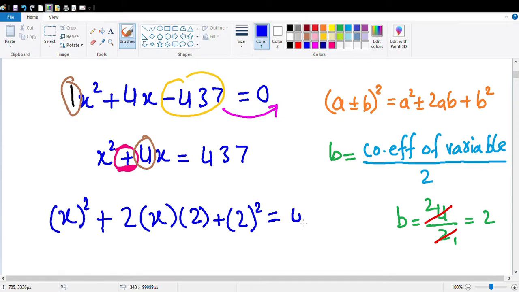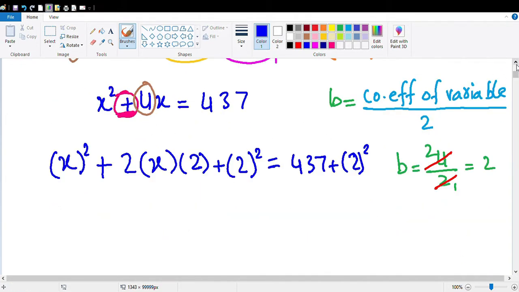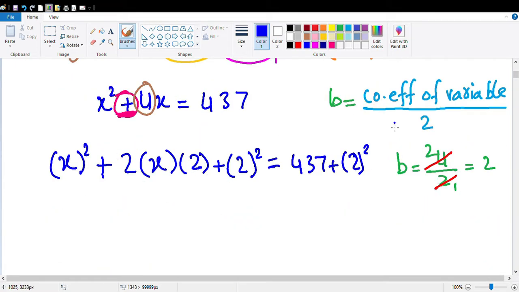And for that, I'm going to add it on the other side. So 437 plus 2 squared, because look at this, 2 squared over here, 2 squared over there, they balance out. If I don't write them, then it's not going to be equal. So we did it, and now we're just going to wrap this up into the (a plus b) whole square form.